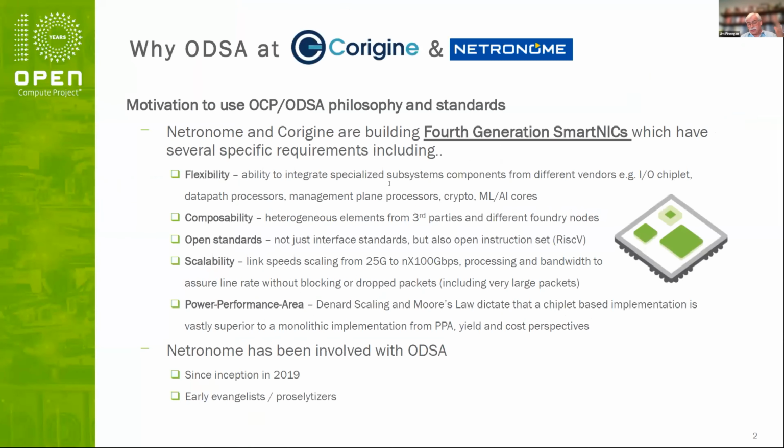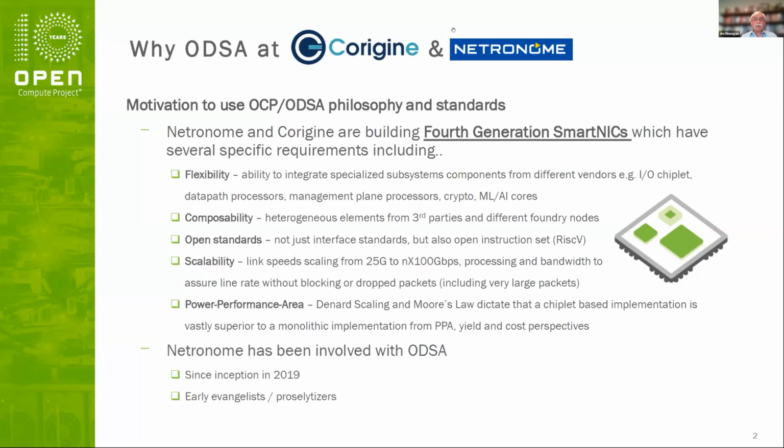During the course of developing these prior generations of SmartNIC, we've, I think, learned a few things. And I guess we view there are certain attributes or properties of the fourth generation SmartNIC that are really important. One, of course, is the flexibility afforded by the use of chiplets and different types of chiplets.